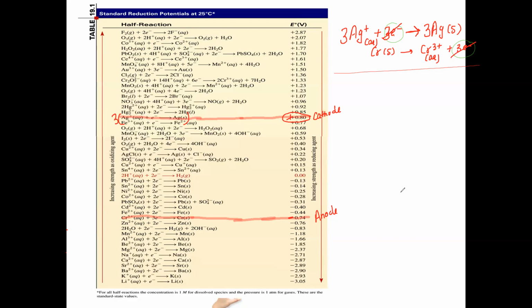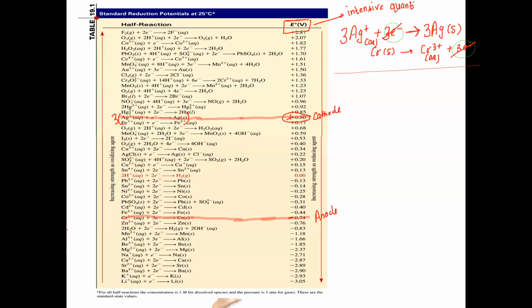We were doing so with delta G, delta H, delta S. We were multiplying the whole equation by 2, delta H gets multiplied. Remember Hess's law? But here, no. E node cell is an intensive quantity.